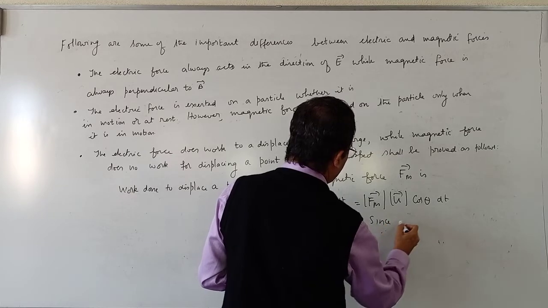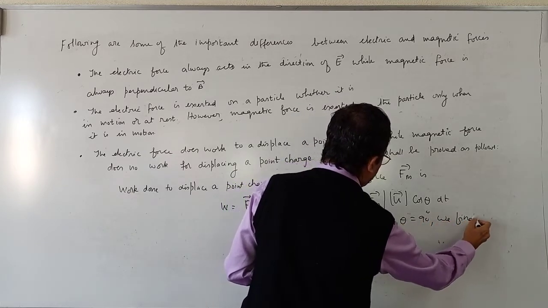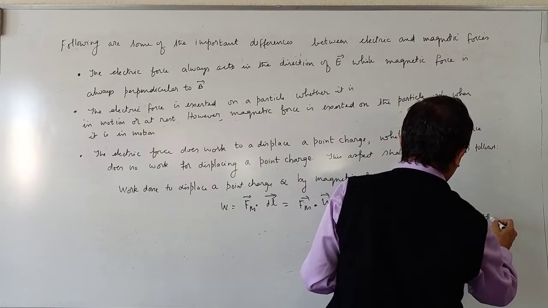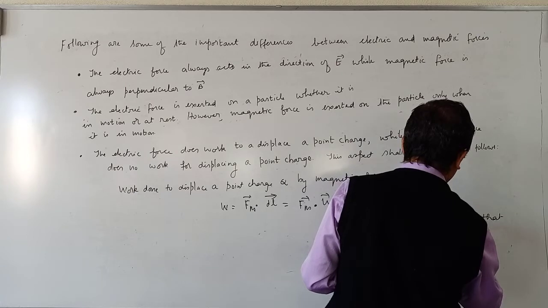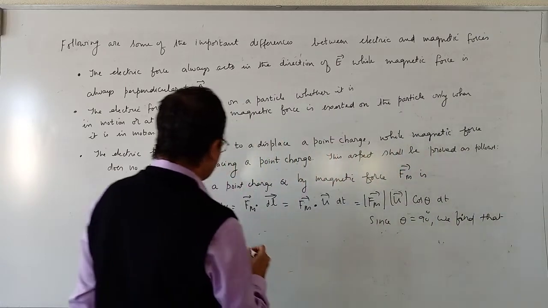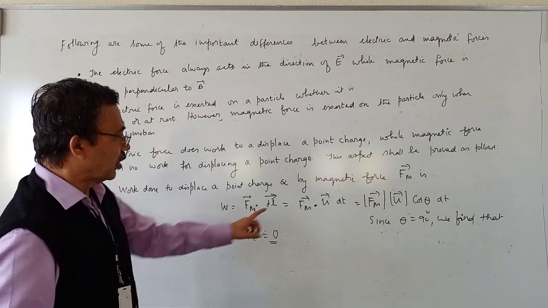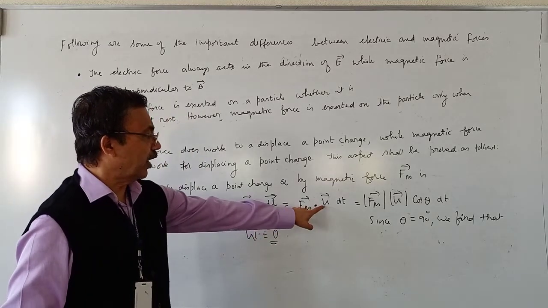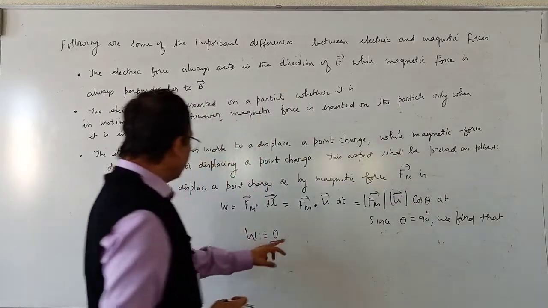Since theta is equal to 90 degrees, we find that W is equal to 0. Always note that vector Fm is at right angles to vector u, therefore theta is 90 degrees. Hence W is equal to 0.